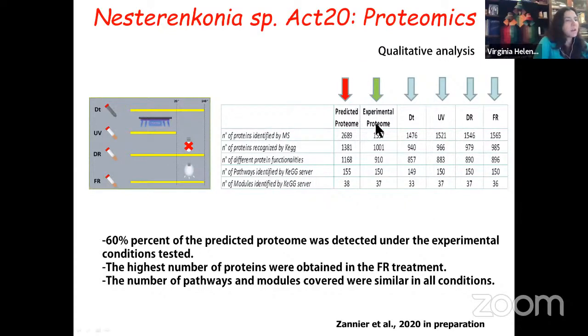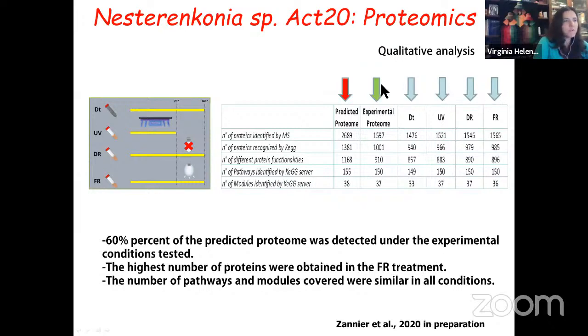Here is a table analyzing the overall results. We have made two analyses. One is qualitative, like this one, and the other is quantitative. In the qualitative, we only take care of whether the proteins are present or absent, okay? So what we did is we have the predicted proteome. This is taken from the genome that we have, and this is the experimental proteome. The experimental proteome are all the proteins that were summed up from each of the conditions.